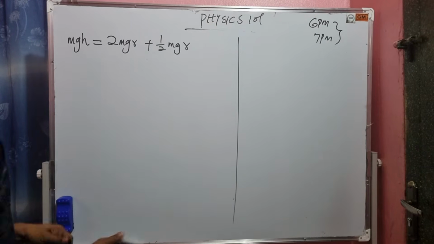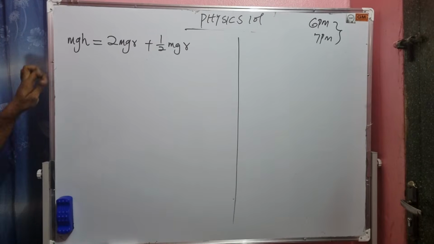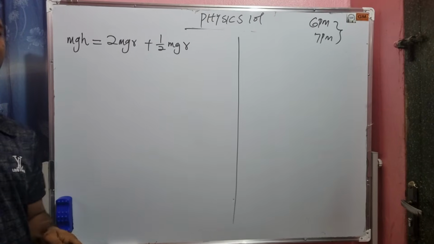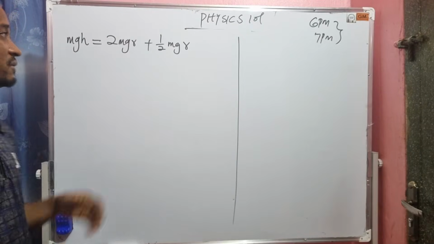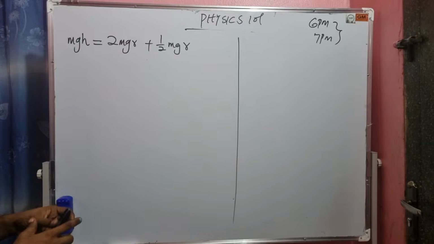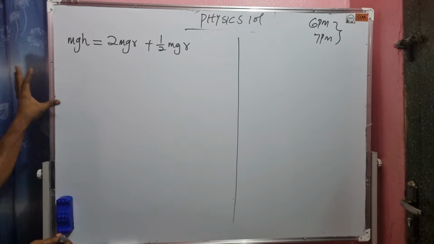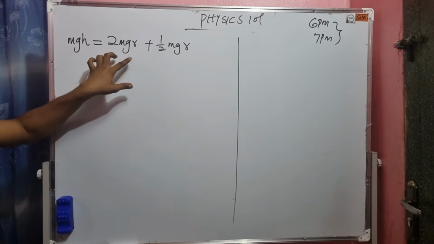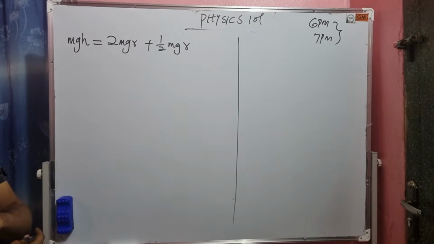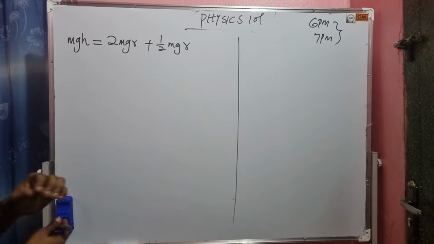Now, I want to verify the homogeneity of this equation. One of the applications of dimensional analysis is to verify the homogeneity of an equation. If I'm to verify that this is homogeneous, that means all the terms here must have equal dimension.